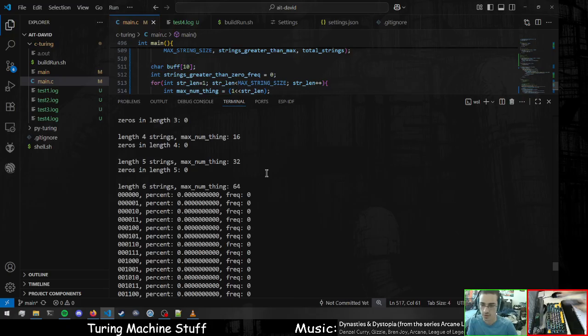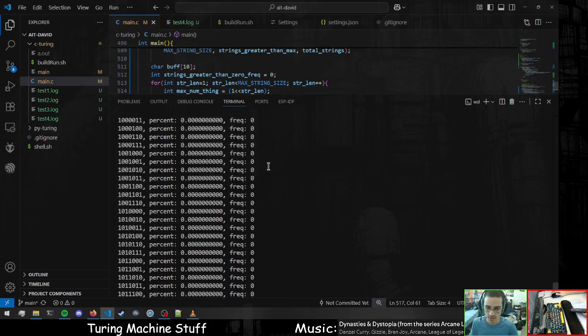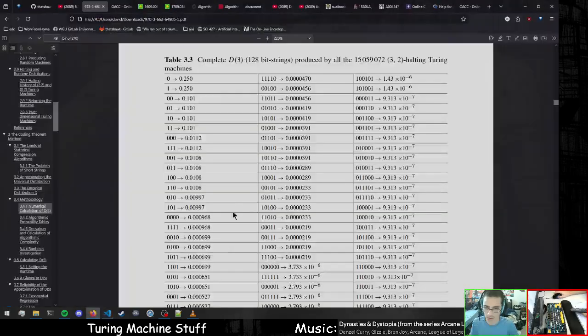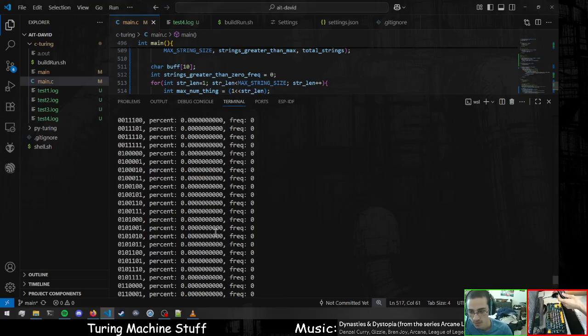Yeah, okay. How many strings was I supposed to have? Isn't it only 128 strings? And how is it that I have 121 zeros in the length set?